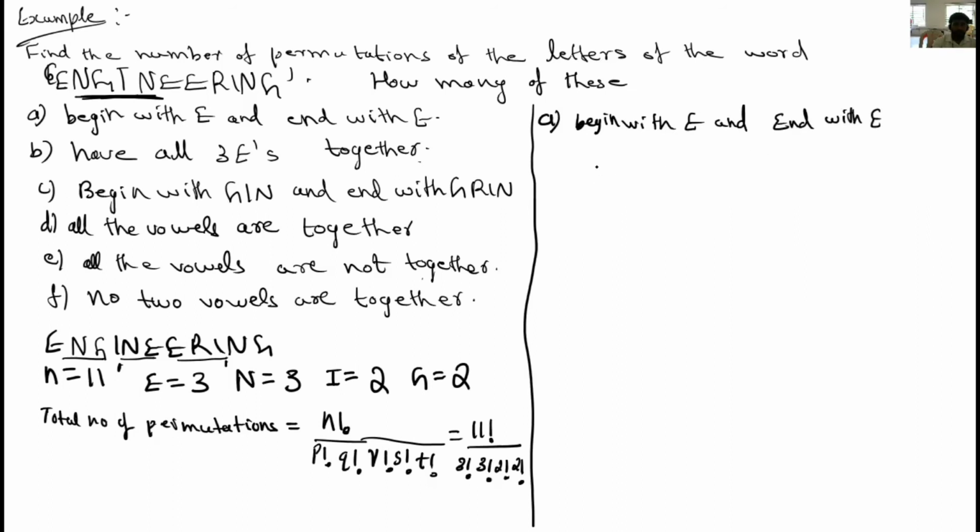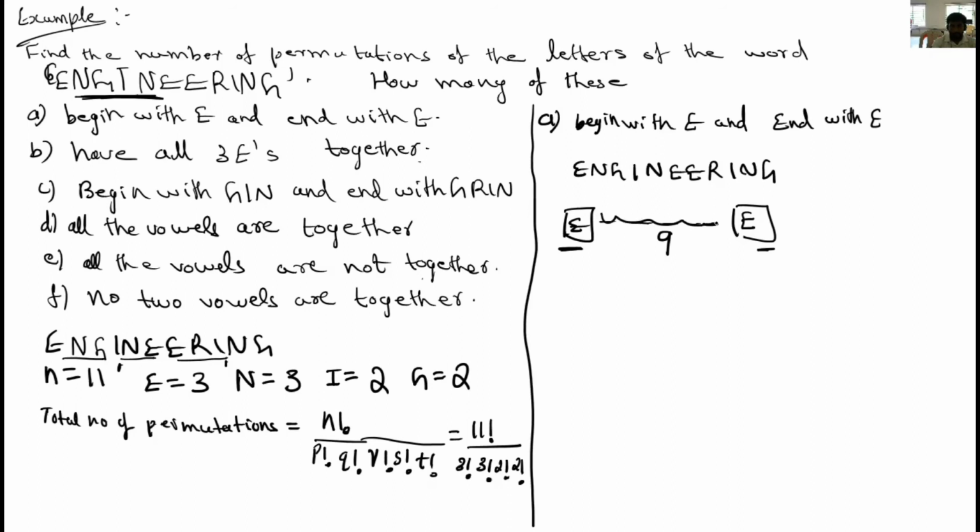Okay, see, in 11 places, ENGINEERING is the given word. Whatever arrangements you are making, begin with E and end with E. That means in the extreme left position you have to fix E, in the extreme right position also you need to fix E. Okay, so if you fix 2 letters from the 11 letters, how many letters are remaining? 9 letters are remaining, right?